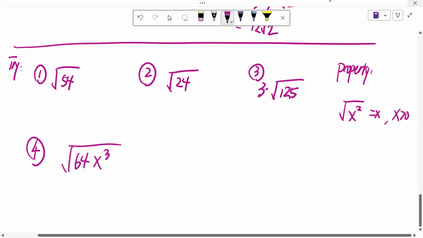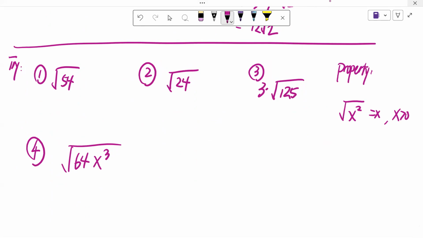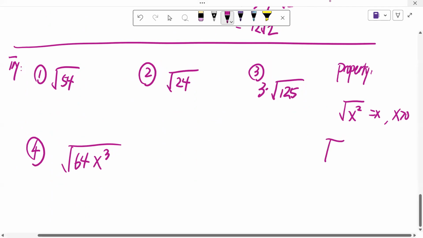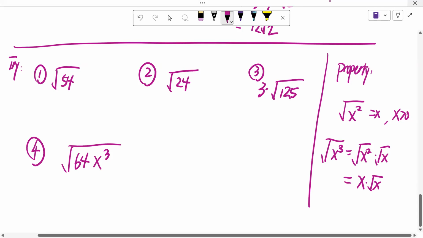Also, another way of looking at this: if it's an odd power, let's say square root of x cubed, it becomes square root of x squared times square root of x, so you get x times square root of x. That's how you tackle number 4.